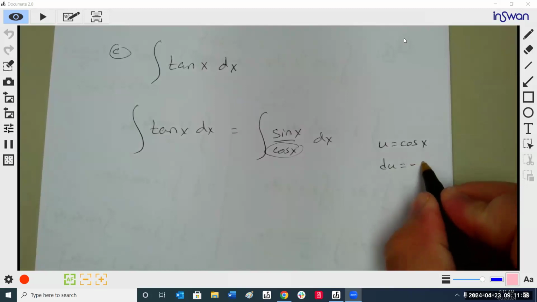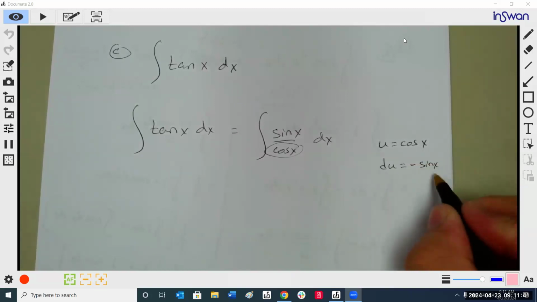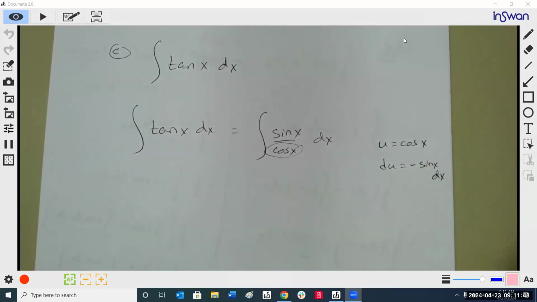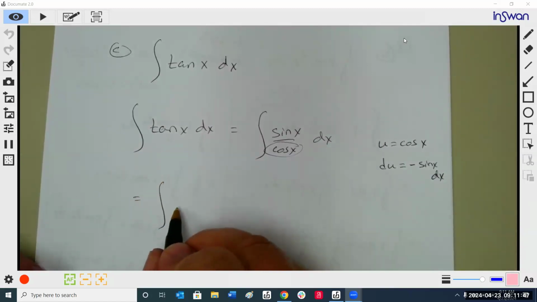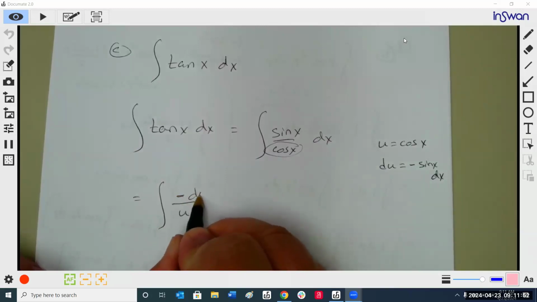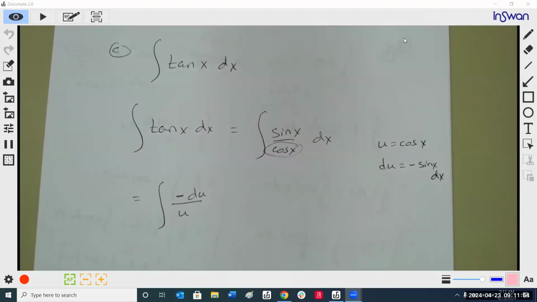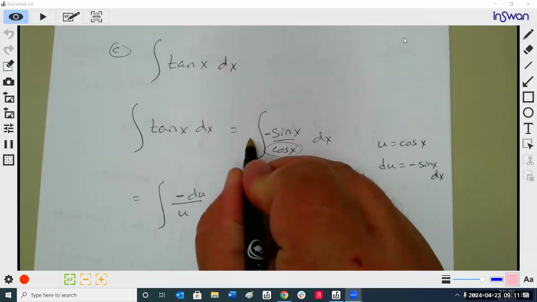Negative sine x dx. So what we have now is negative du over u, because I need a negative up here, so I put a negative out in front.